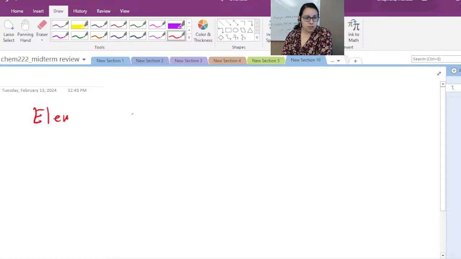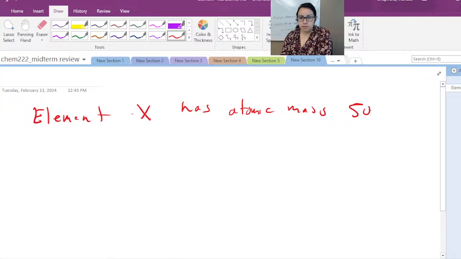So we have element X, which has an atomic mass of 50 grams per mole, and it is a simple cubic structure.